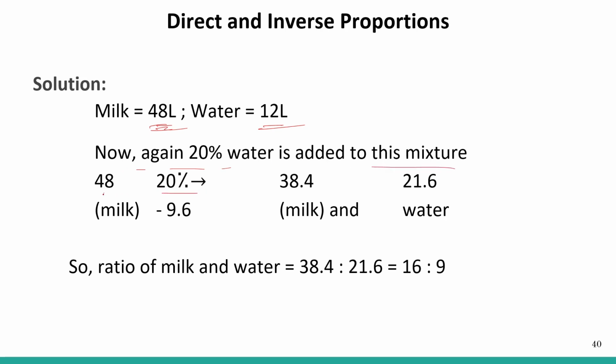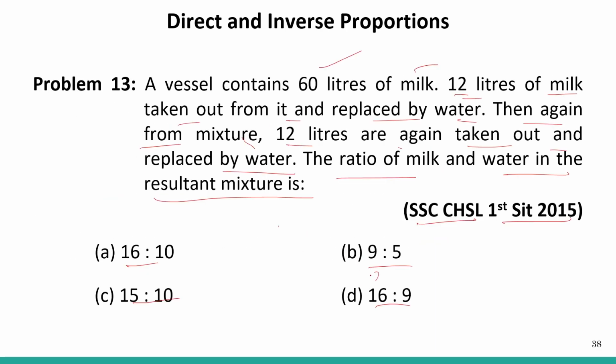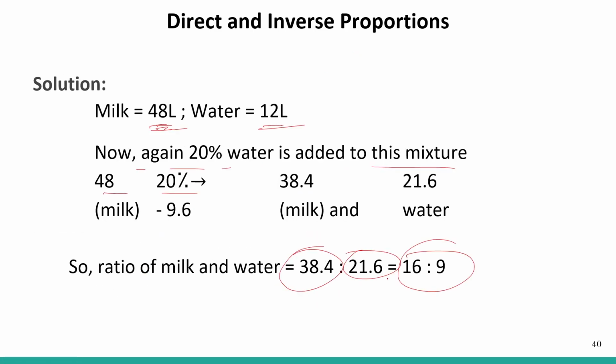So 20% of 48 is 9.6, giving milk 38.4 and 21.6 is now the water. Okay, so the ratio of milk and water is 38.4 to 21.6, that is 16:9 actually. So 16:9 is the correct answer, and 9:5 and 15:10 are wrong answers. Okay, this is the only correct answer.